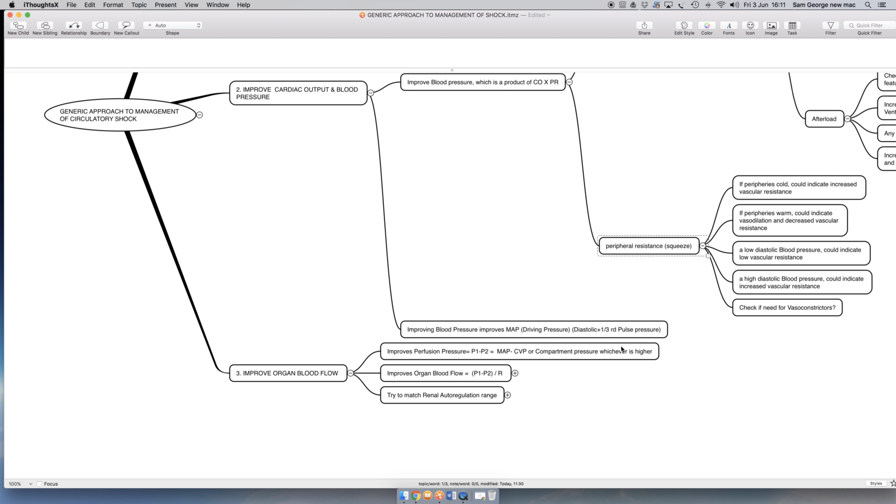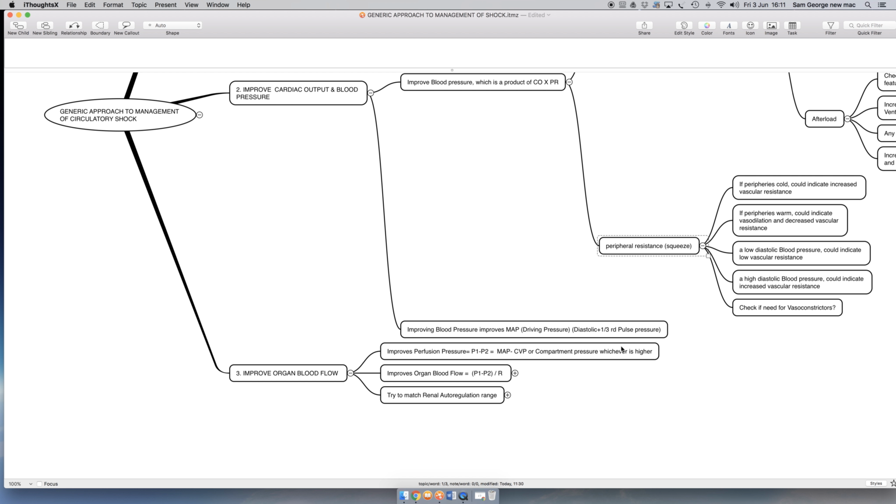And third, you think about trying to match the renal autoregulation range. The knowledge about autoregulation really helps. Autoregulation of blood flow essentially means the blood flow is maintained irrespective of the blood pressure within a particular range for these organs. They tend to autoregulate and maintain their blood flow irrespective of the blood pressure, but within this range.